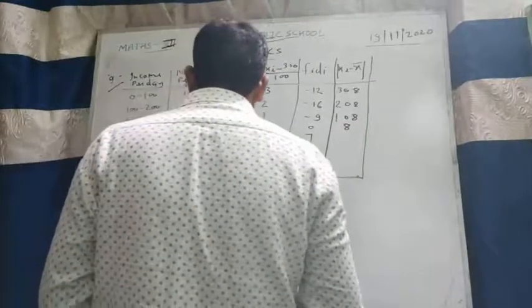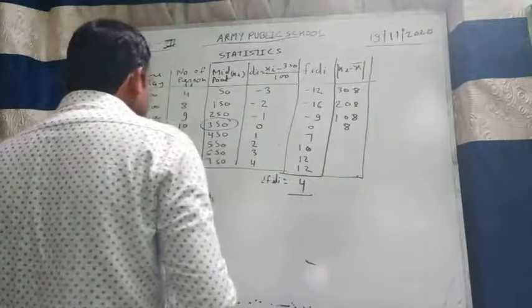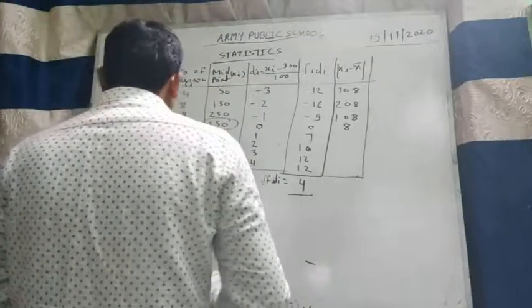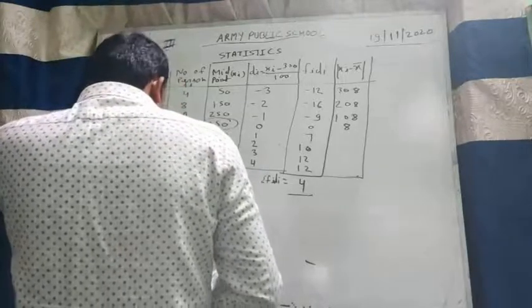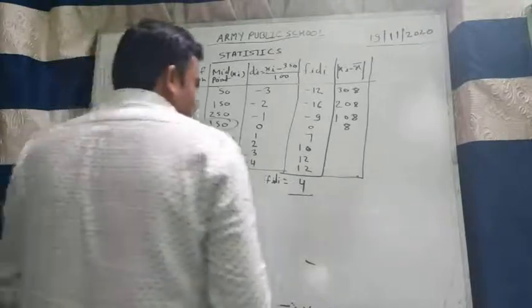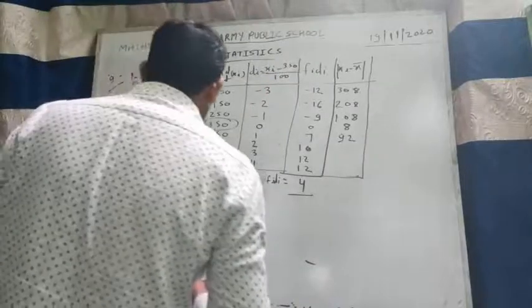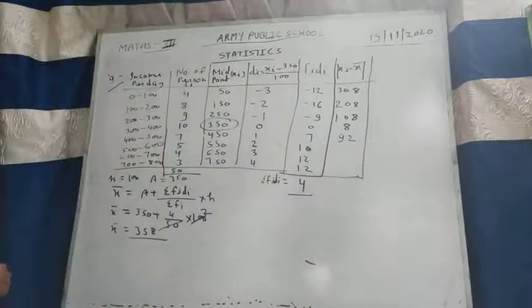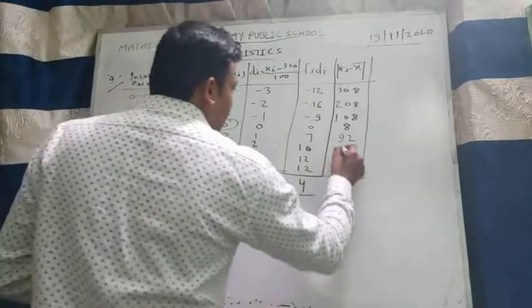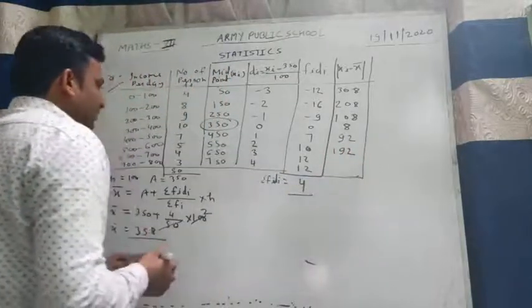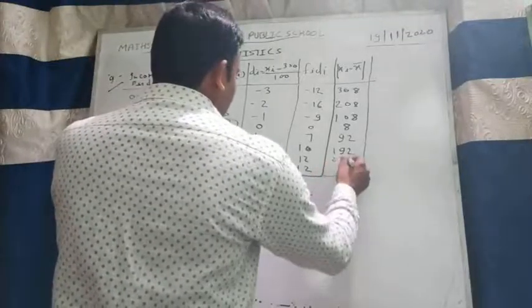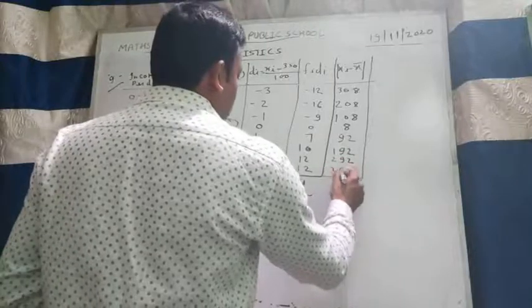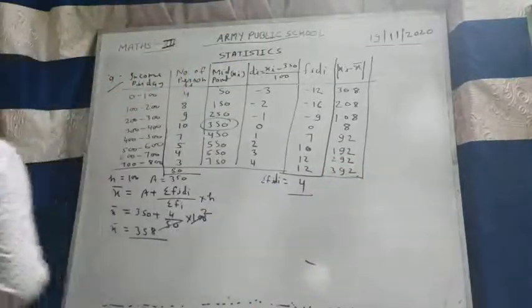450 minus 358, it will be 92, and 550 gives 192. Now again 650 gives 292, and 750 gives 392.